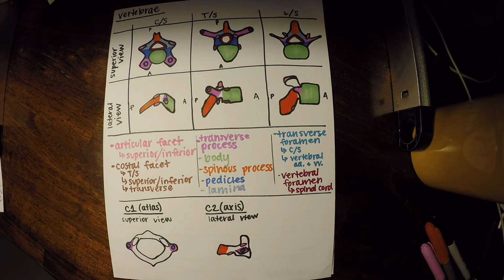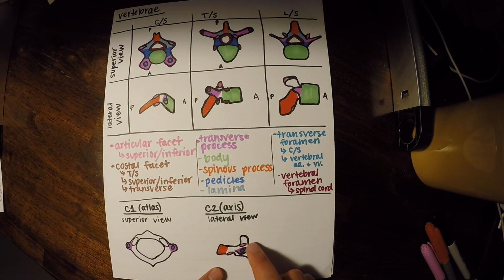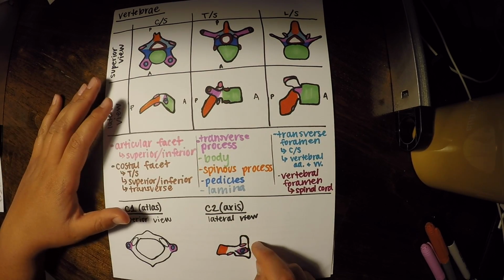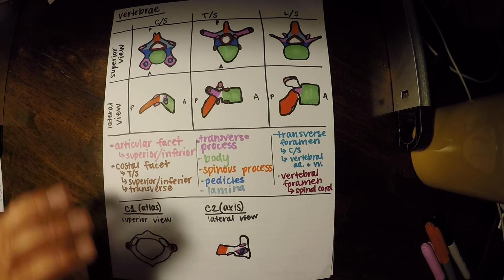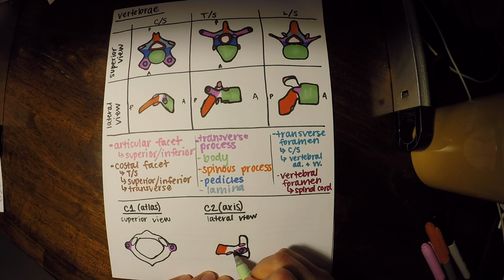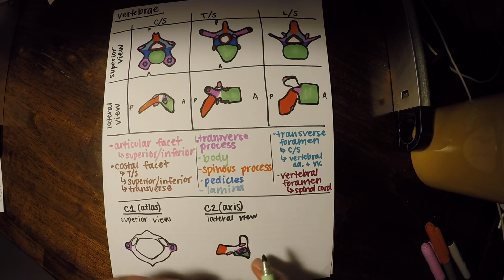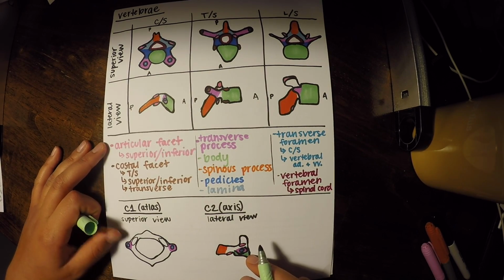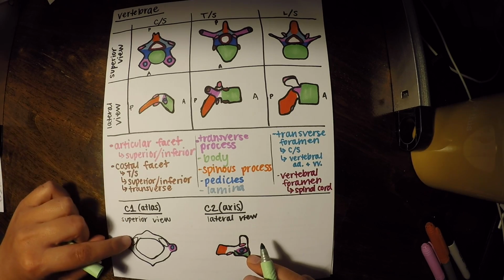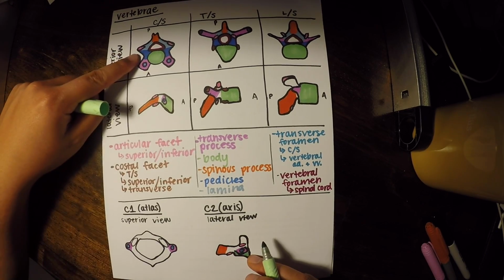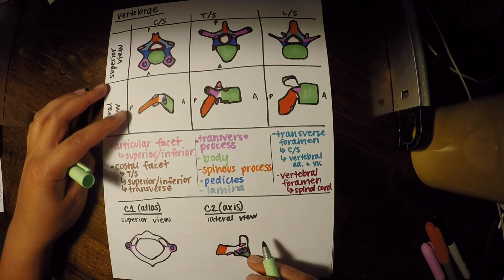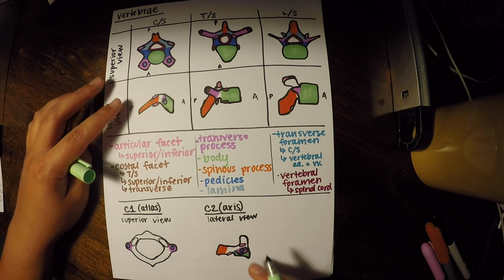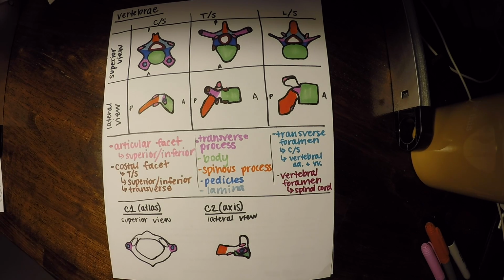Now, what I want to draw your attention to here is one big notable difference. That is this thing sticking up in front. Oh, I forgot to color in. We also have our body here. So see, it really does start to look a lot like this one, right? A lot more compared to how this one looks to this one. But one notable difference, and I'm going to label that for us.